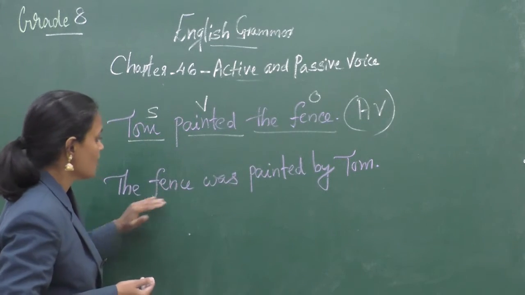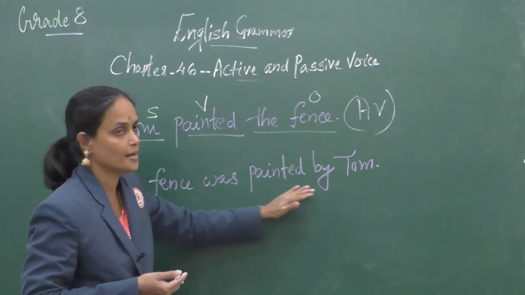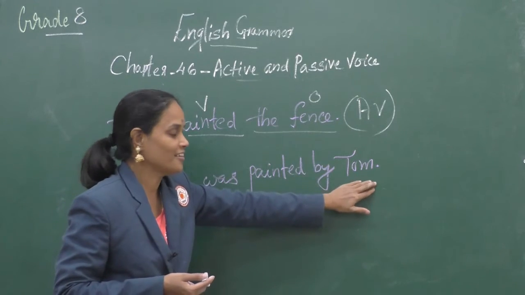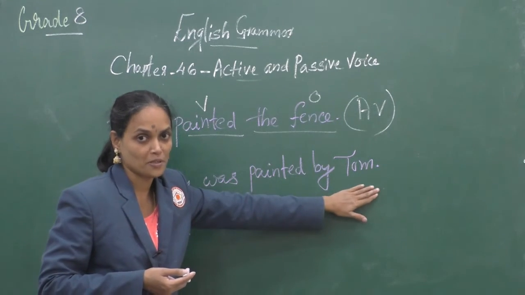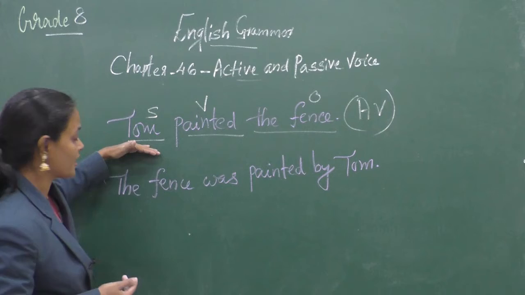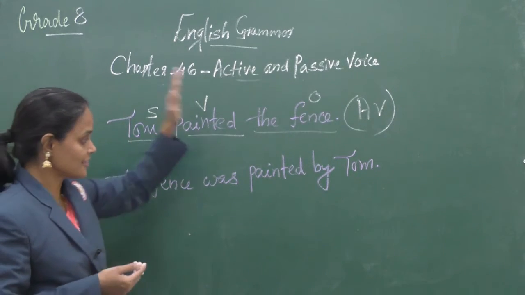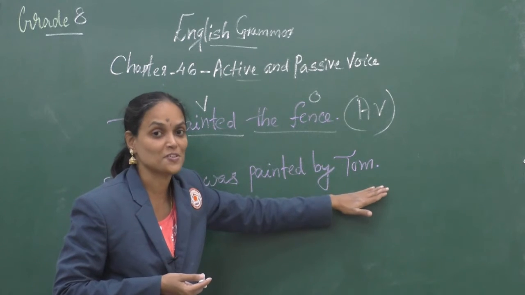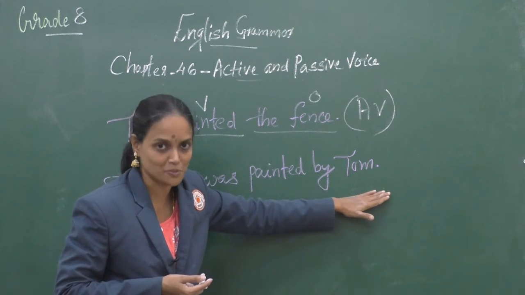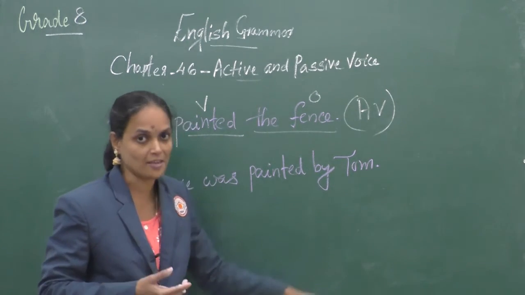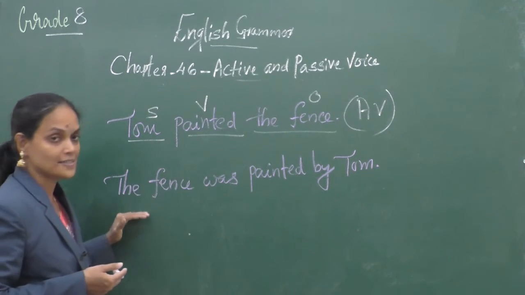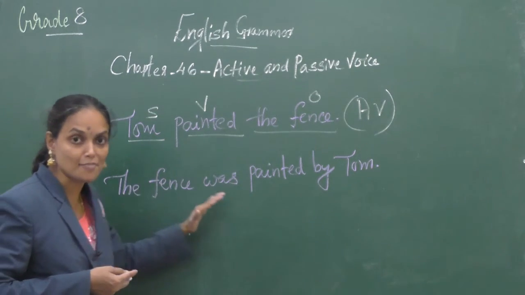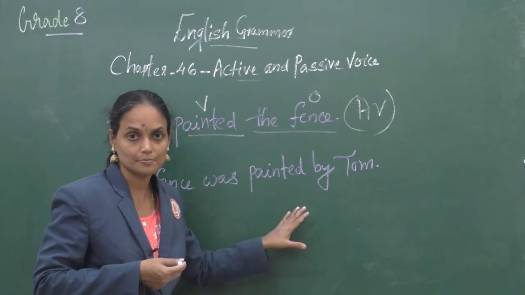The fence was painted by Tom. Here, Tom is the subject in the active voice, but in this sentence it has been treated as an object. Strictly speaking, children, this is the form of a passive voice sentence.